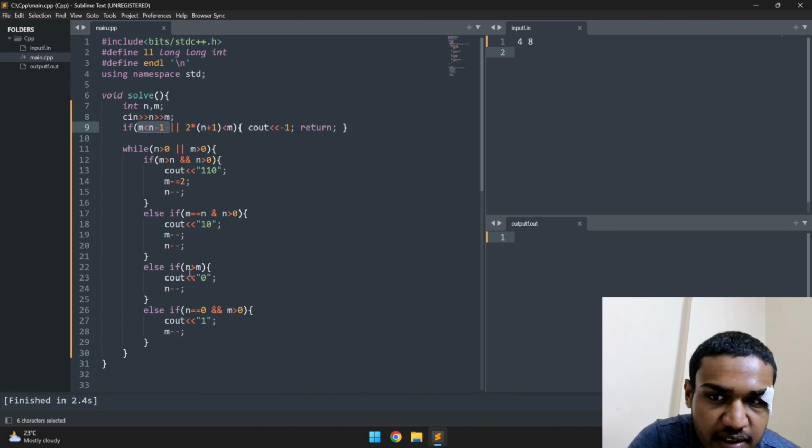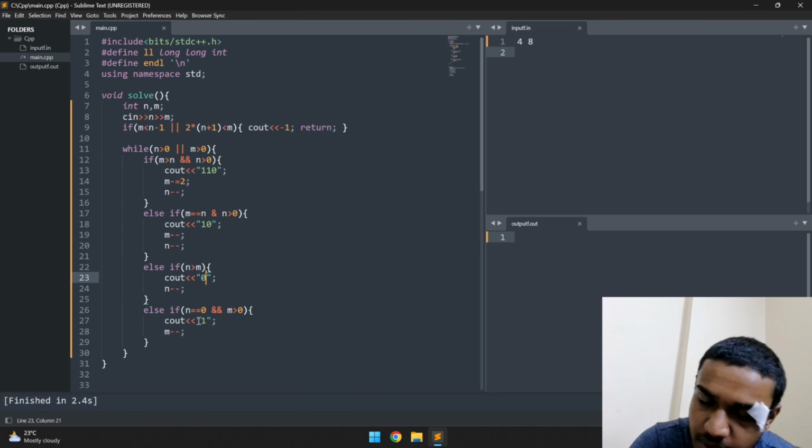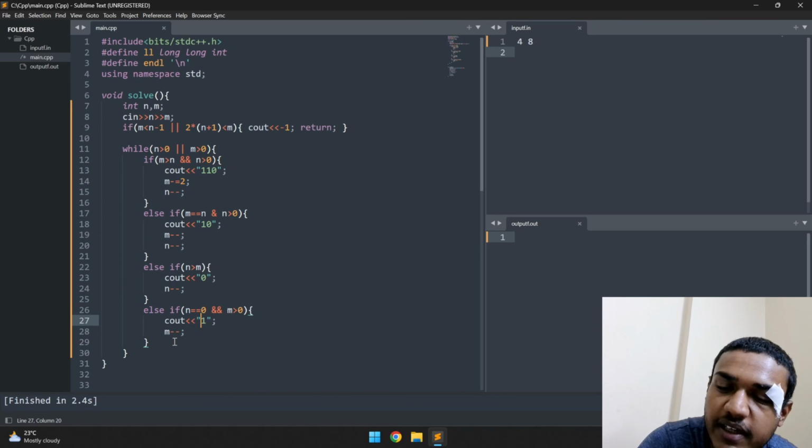Else, if n is greater than m, we'll print the 10 because this is the case where m is equal to n minus 1. Else, if n is equal to 0, that means we have extra ones, essentially two ones at max. So we'll print 1 and we'll do m minus minus. And that's the end of the solution.